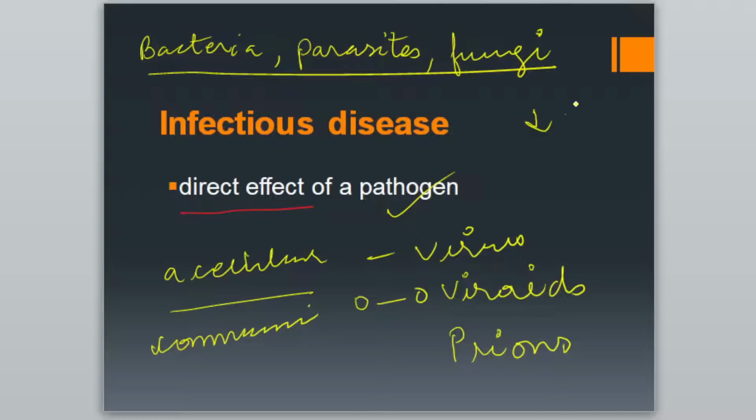For example, measles is a highly contagious infectious disease, and it is a viral disease. Clear, you all must be knowing that measles is a viral disease.